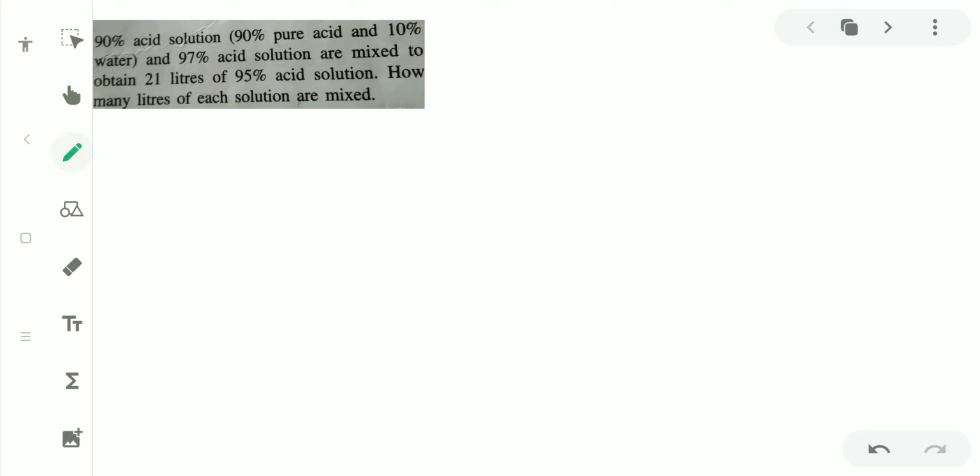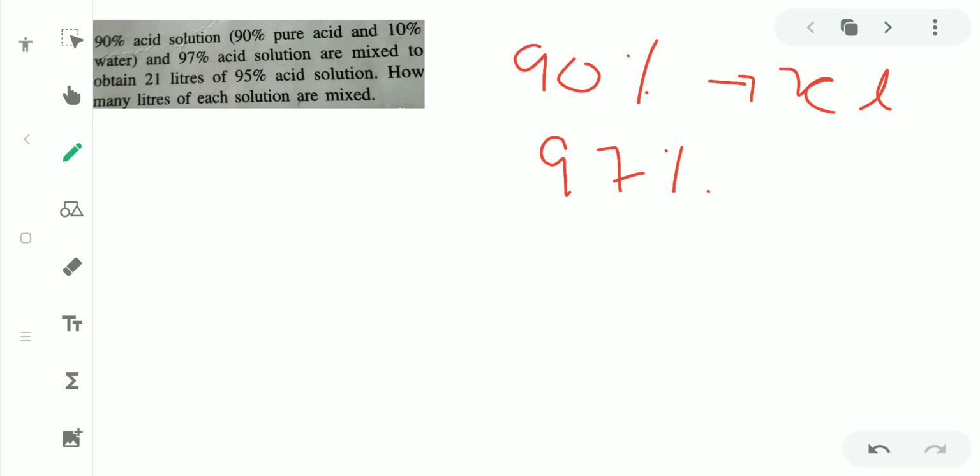So let us assume x liters for the 90% acid solution, and y liters for the 97% acid solution.